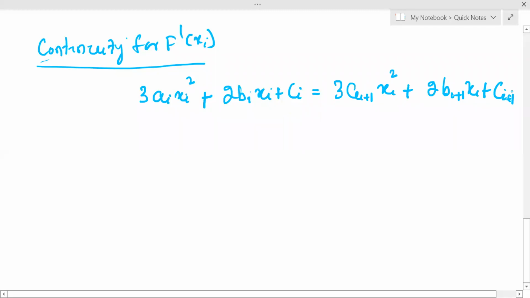That is the continuity function for f dash xi. Third property, continuity for f dash.